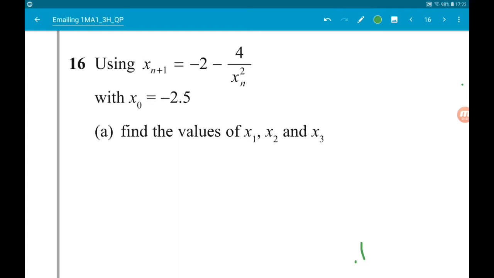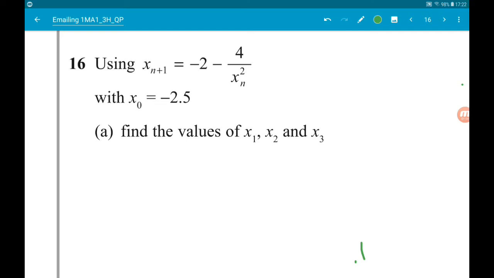Okay, so to do this, put minus 2.5 into your calculator and press equals. You'll get minus 2.5. Now, what you now want to do is put in the right hand side of the iteration formula using the ANS button for the xn.